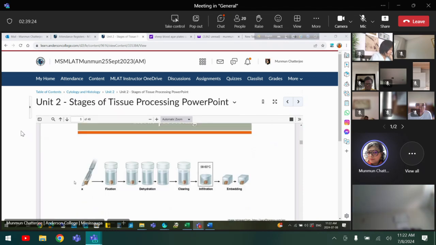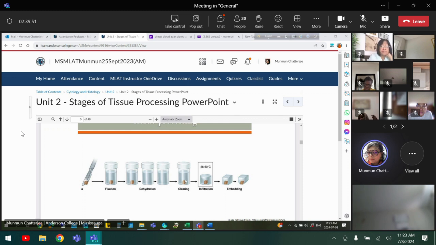So first you have to cut the tissue. Then you have to do the fixation of the tissue. Then after fixation, you have to remove the water content of the tissue. It's called the dehydration. After dehydration, you have to clear anything that has developed in the dehydration step, unwanted deposition, it should be cleared.